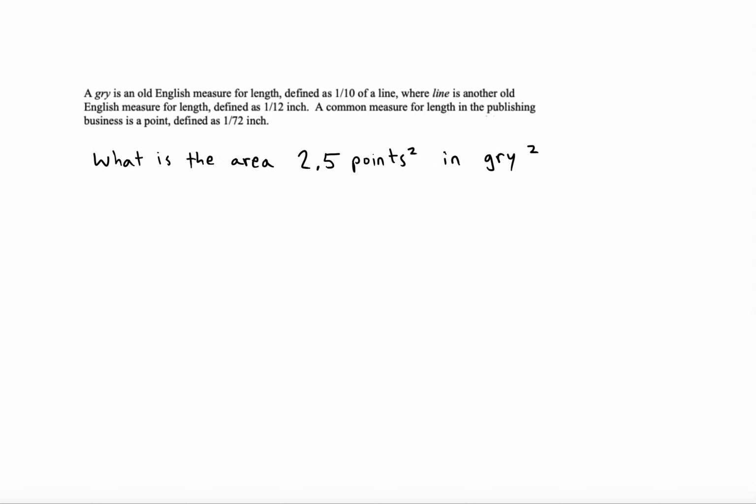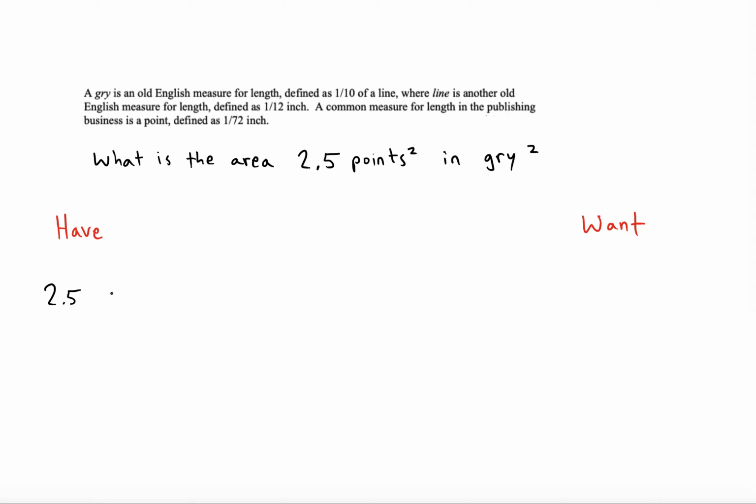What I do and what I show in the introductory videos to this topic is that you want to put what you have on the left and what you want way over here on the right. All right, so the thing you have is the thing you want to convert.